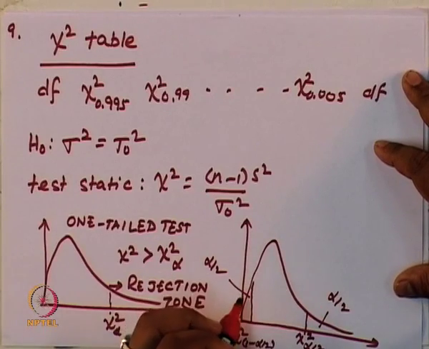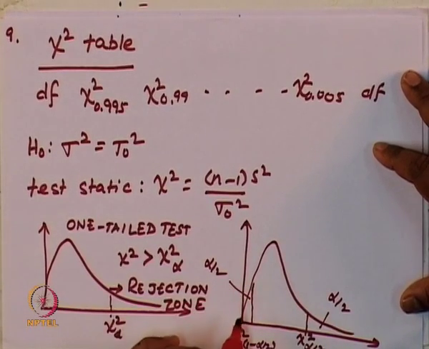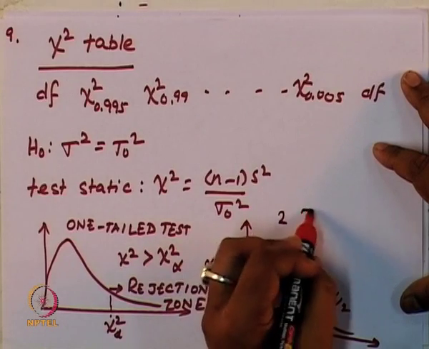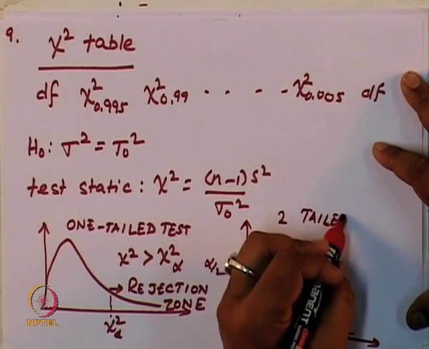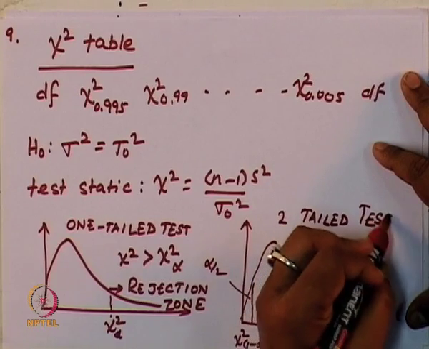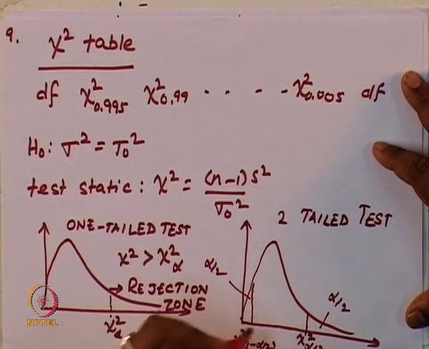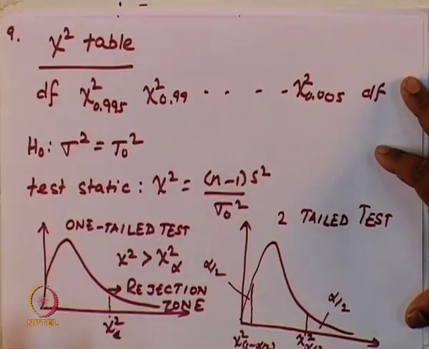So, for a two-tailed chi-square test, I have these two zones which fall within the rejection zone. Okay. Let us take an example.